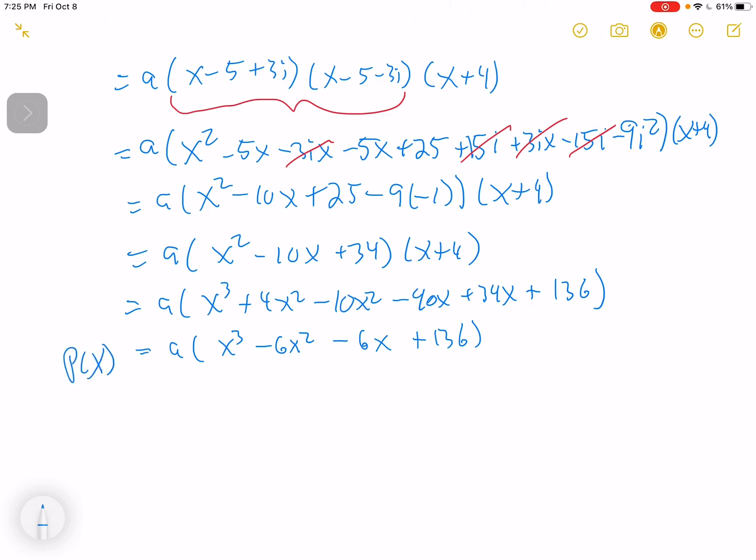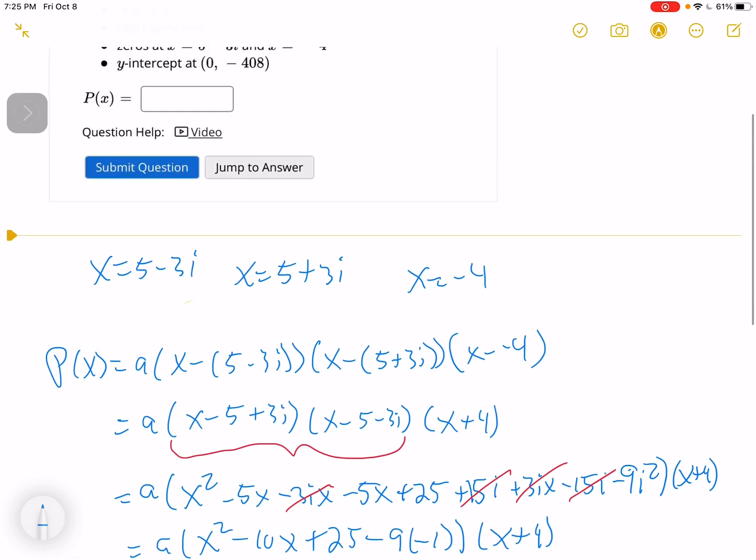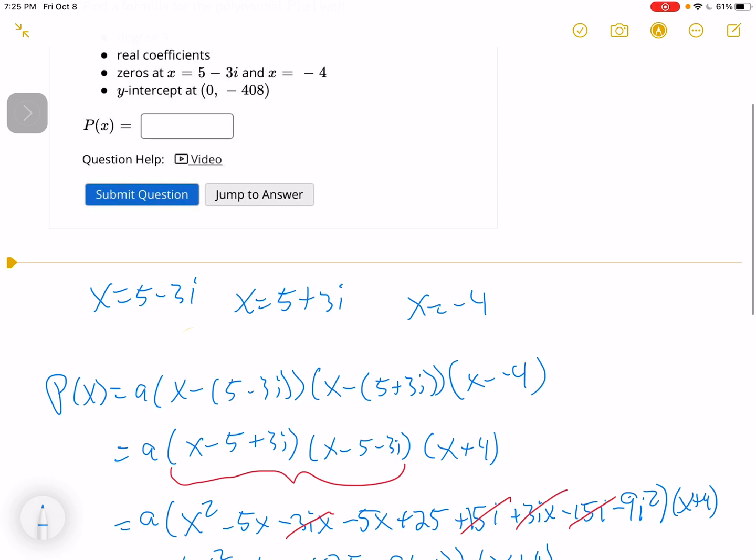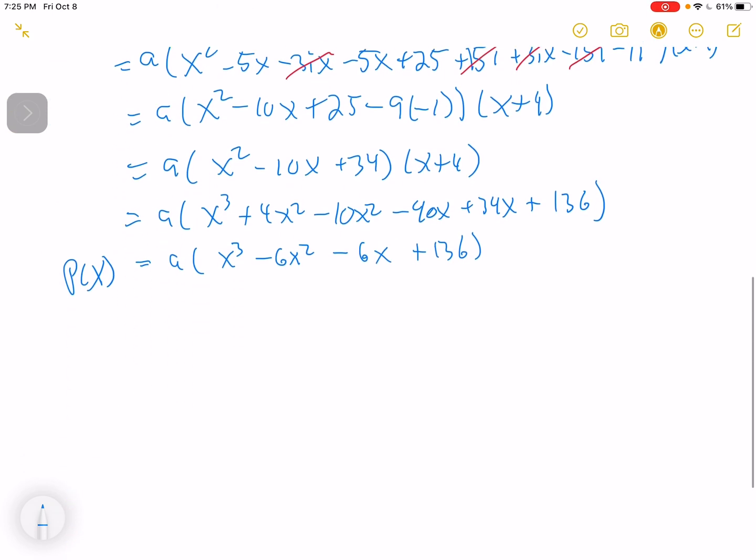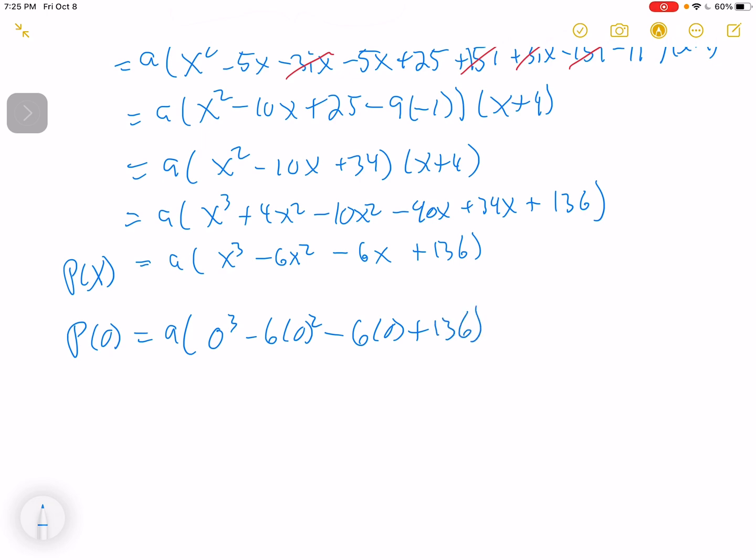Now, what's the deal with this a? We're told that the intercept is at negative 408. Well, that means that p of 0 is going to be a times 0 cubed minus 6 times 0 squared minus 6 times 0 plus 136, and that's supposed to equal negative 408.